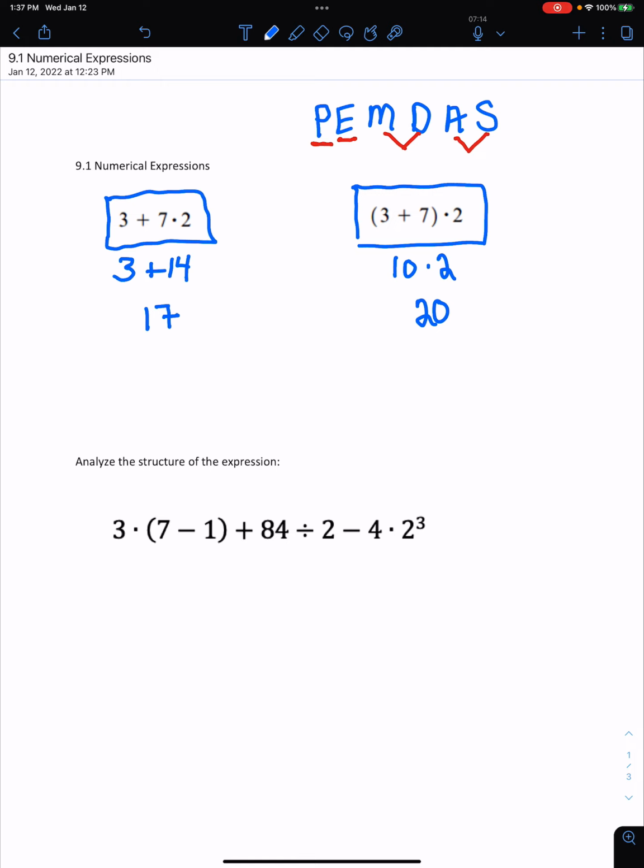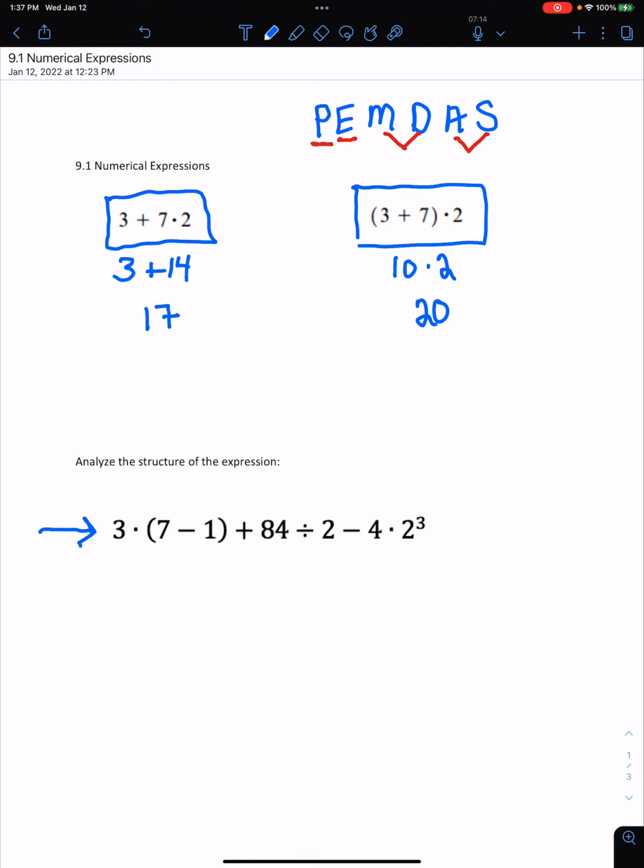Now, these were two very simple expressions, but down here a little bit lower on the page, I have a much more complicated expression. And so we will want to analyze the structure of this expression as we go along and take a look at the order in which we're going to do things.